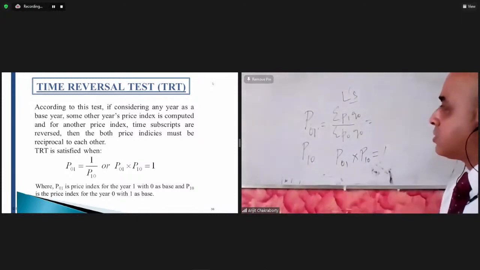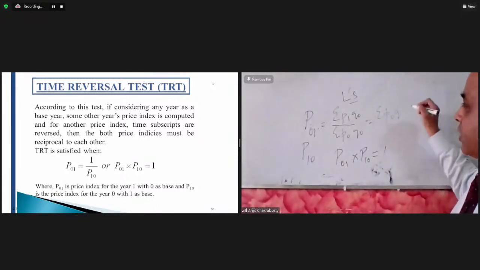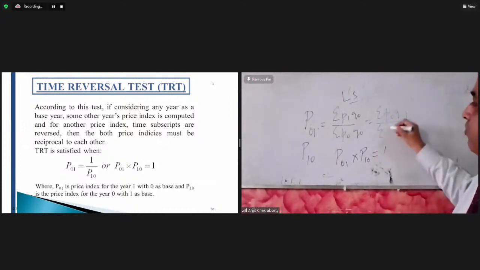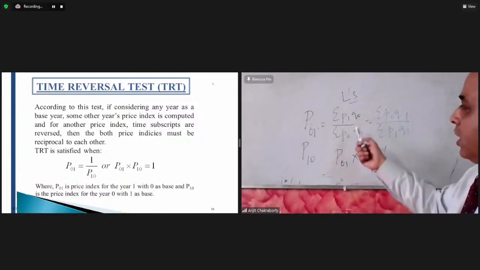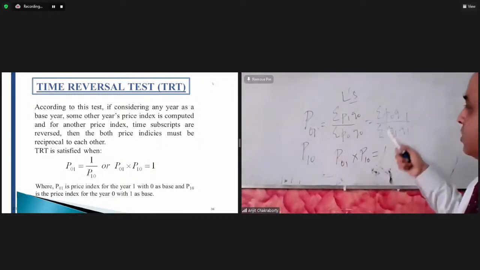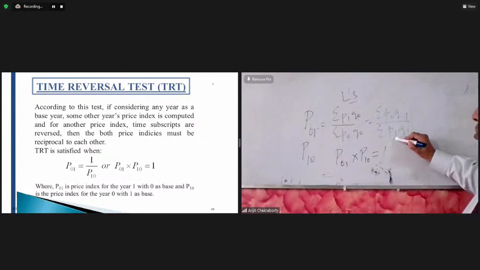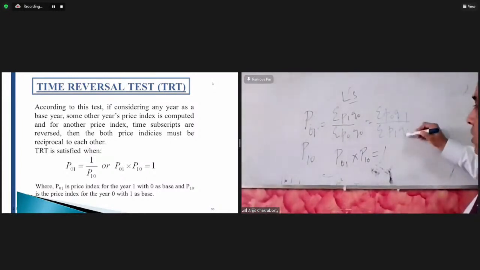If the current year becomes the base, the numerator becomes sigma P0, Q1, and the denominator becomes P1 and Q1.